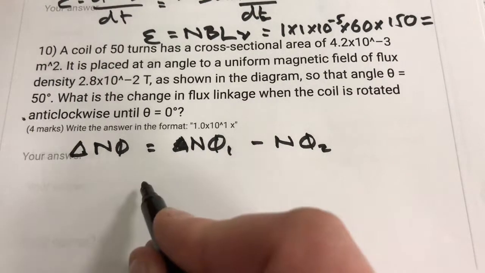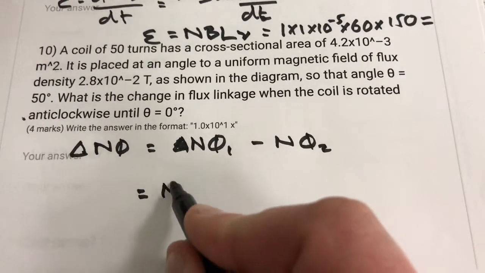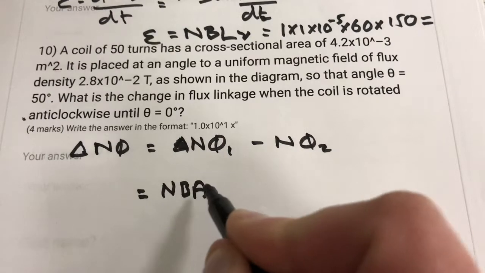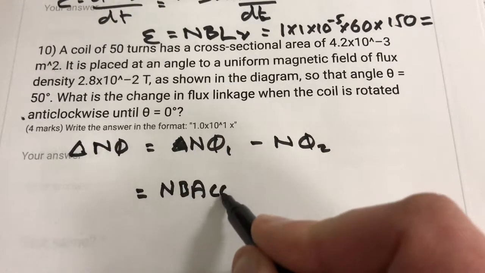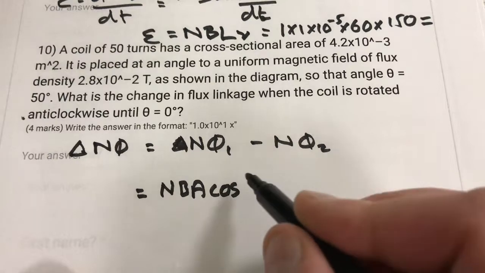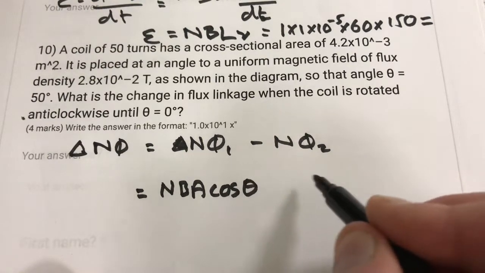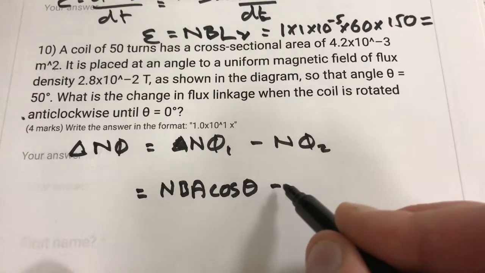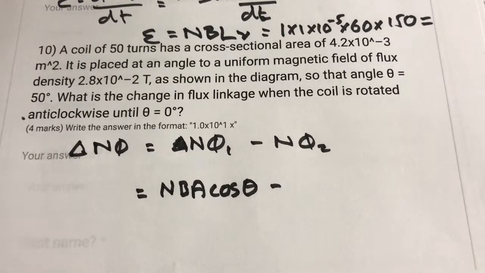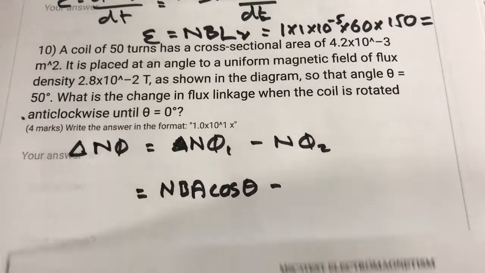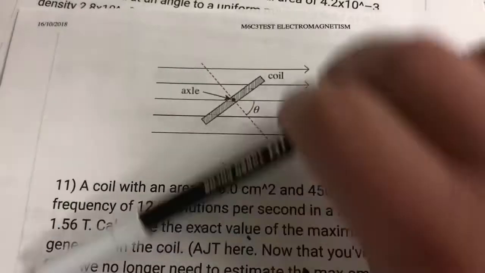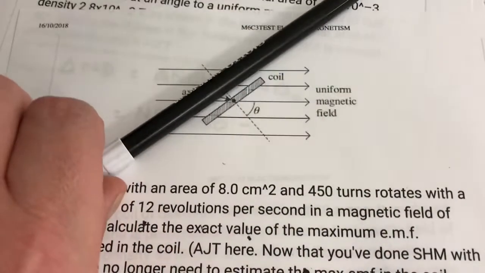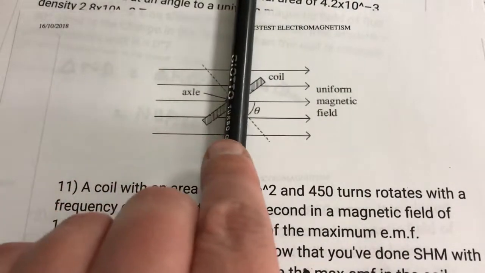The before is going to have to be NBA, and we've chosen cos because we've looked at the diagram, cos of the angle, and then I'm going to subtract from that the flux linkage when that angle is 0, and when that angle is 0, I'll end up with a maximum flux linkage, so that's just going to be NBA.